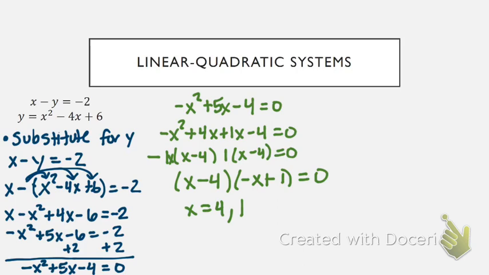So again, I'm going to have two answers. I'm going to have when x equals 1, so we have when x equals 1, x minus y equals negative 2. If x is equal to 1, y equals 3.